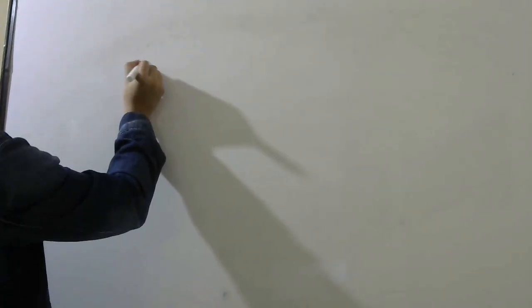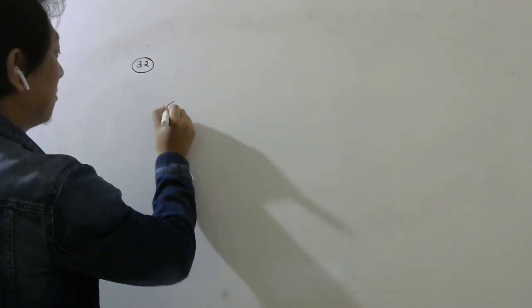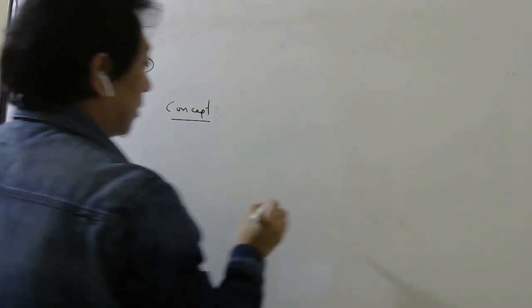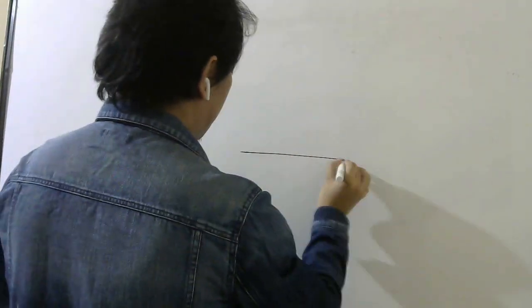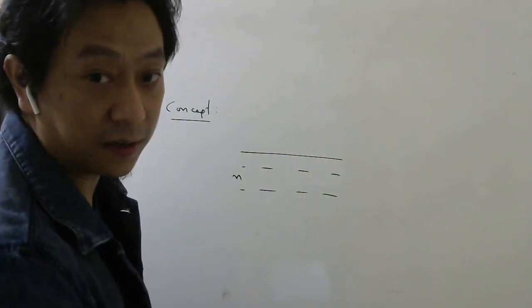So in question number 32, it is about velocity of image and object when an observer is looking normally. Okay, object is moving in water, let's say, or the object can be moving in air also. So let me just describe the concept first. So imagine this is denser medium, refractive index is n, this is your air.